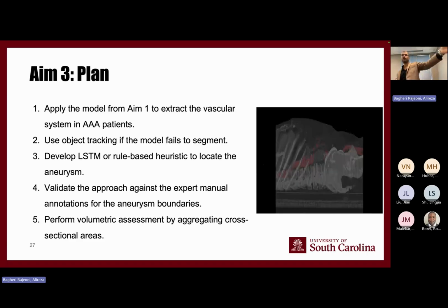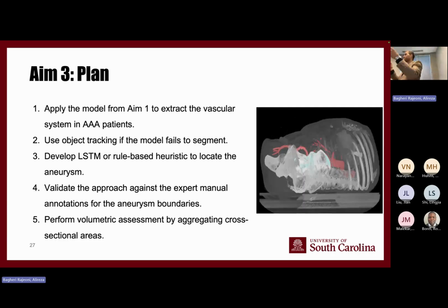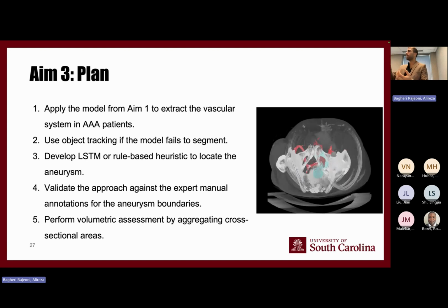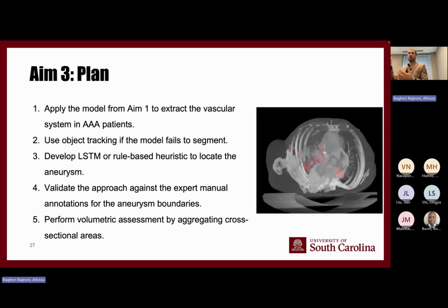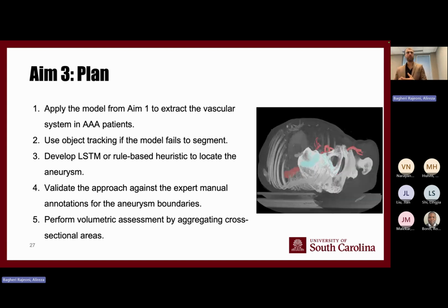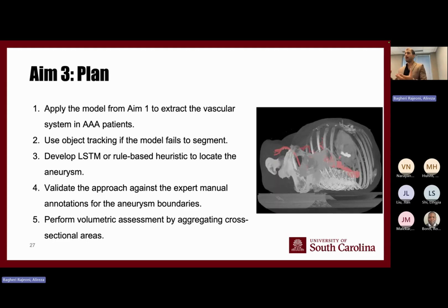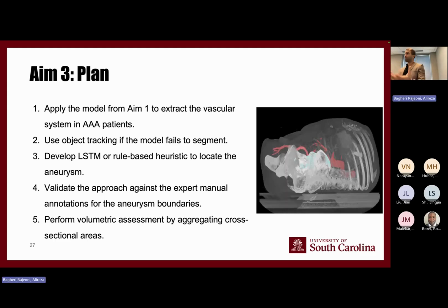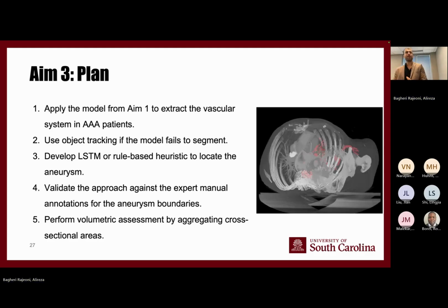We came up with object tracking. Whenever it stops doing any segmentation, we use object tracking to follow that same intensity afterwards through the aneurysm. And then when we extract the vascular system, now we need to find the boundary.